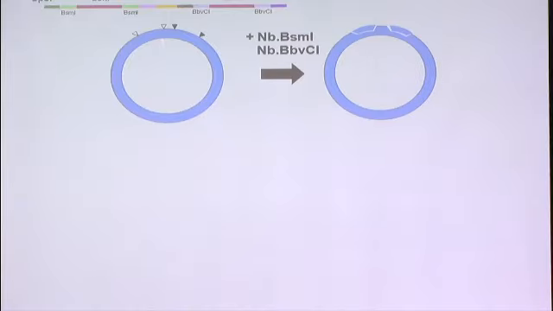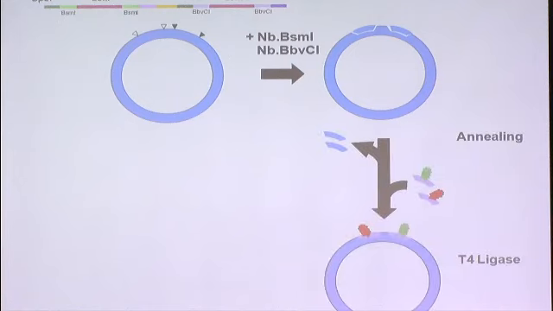And there are mutant forms of those enzymes that will nick only one DNA strand. So by flanking the LOX-P sites and then nicking with these mutant forms of BsmI and BbvCI, we generate vicinal nicks and single strands that can then be displaced by appropriately fluorophore-labeled oligonucleotides. And then we seal everything up with T4 DNA ligase.